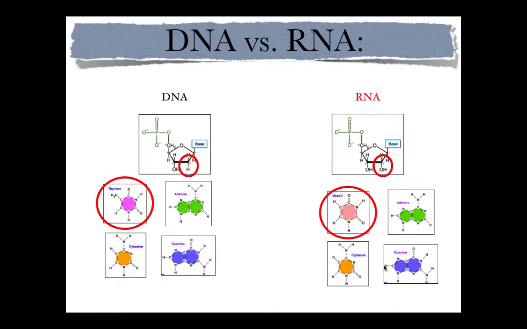And even though they can fold on and form secondary, tertiary structures, they are single-stranded by nature. So we go from 2 strands to 1. Another difference, DNA has thymine as one of its nucleotides. RNA becomes uracil. But of course the other ones are adenine, guanine, cytosine.